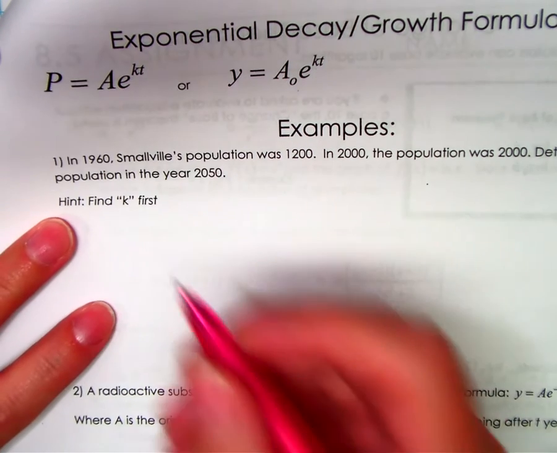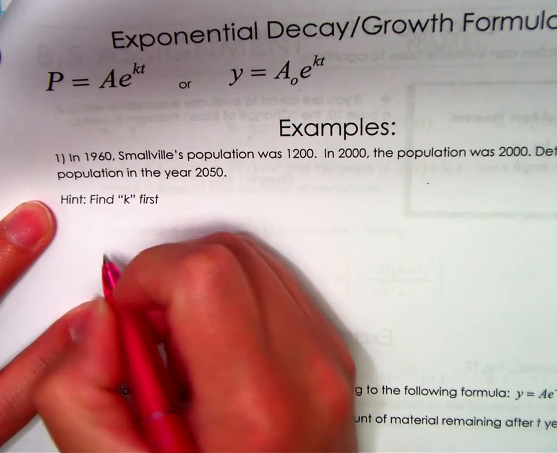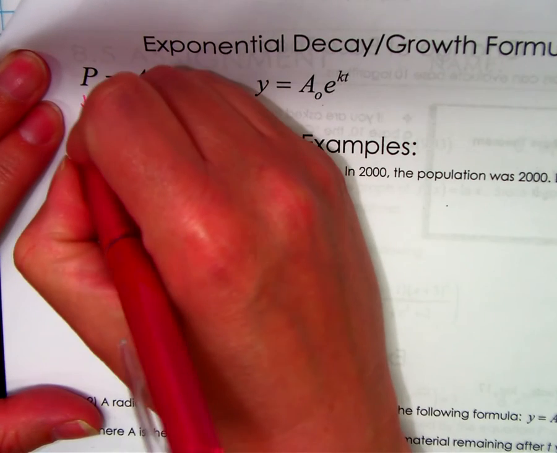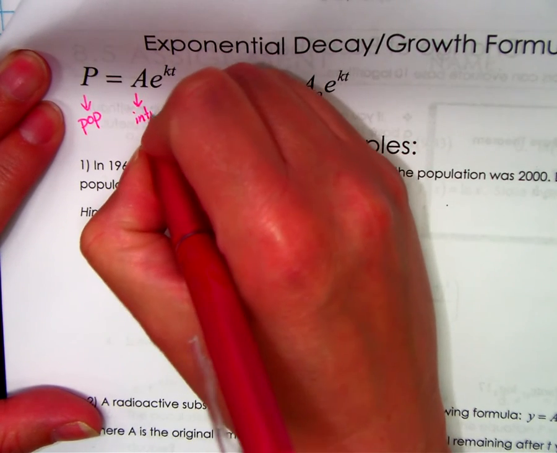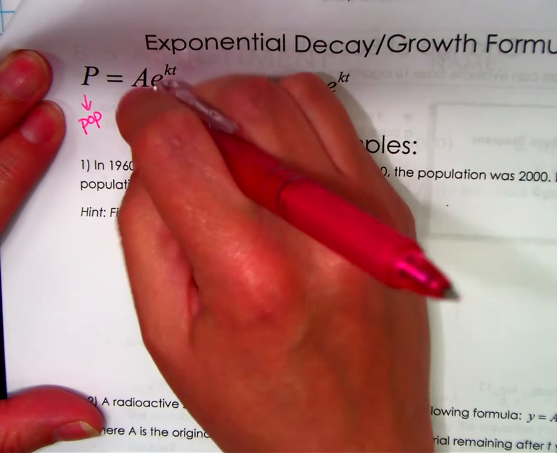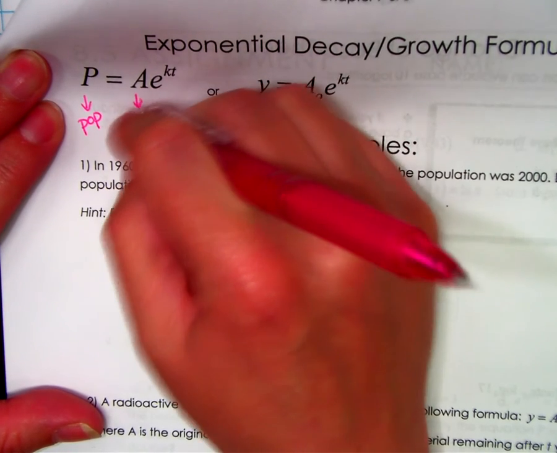Okay. So we're going to say P is the population, and we're going to say that this one is the initial.